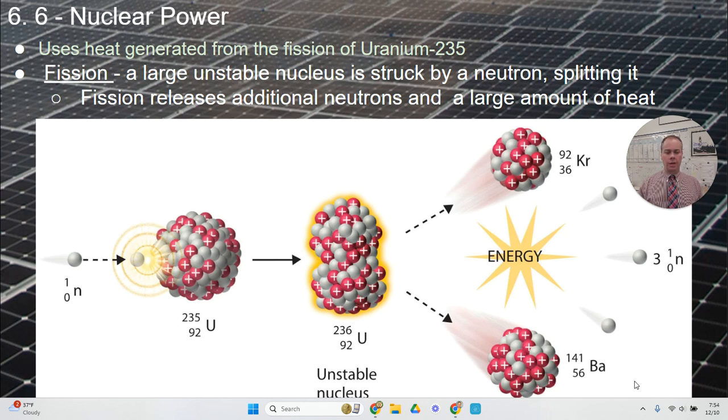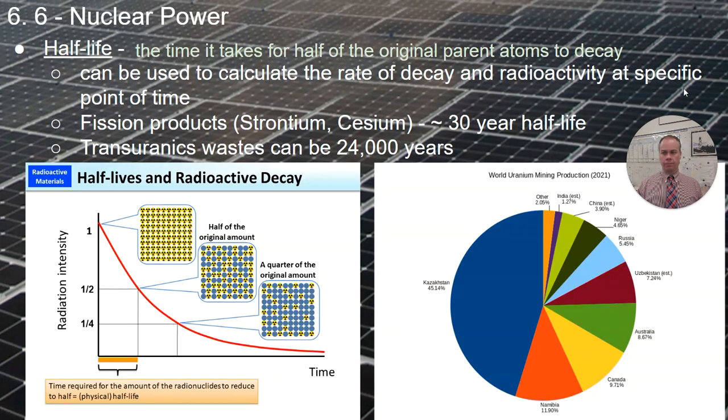We could see krypton and barium. And it also releases a huge amount of energy as heat, an enormous amount of energy. It also releases 3 more neutrons, which can be used to split another atom of uranium-235. And so we form this chain reaction that releases large amounts of heat energy.